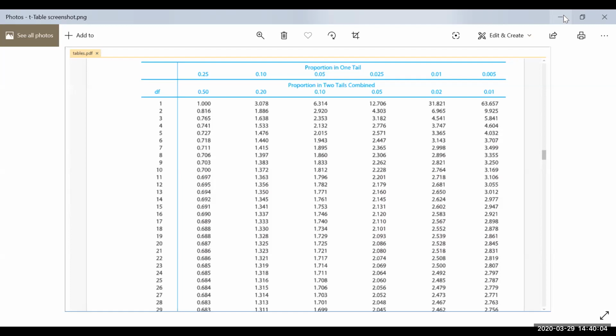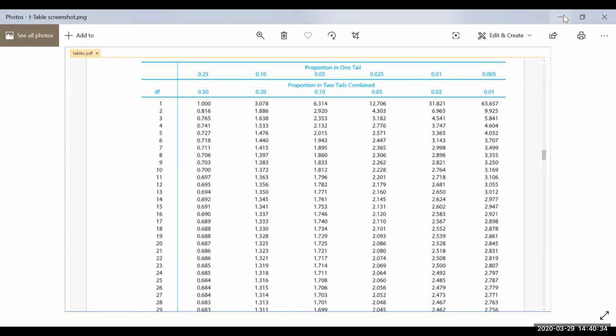So we make a decision. The fourth step is to retain the null hypothesis. The new reading program did not have a significant effect on reading scores. Our t-statistic, and don't forget in parentheses, we have to put our degrees of freedom. Whenever we're using a t-statistic, the degrees of freedom are essential.